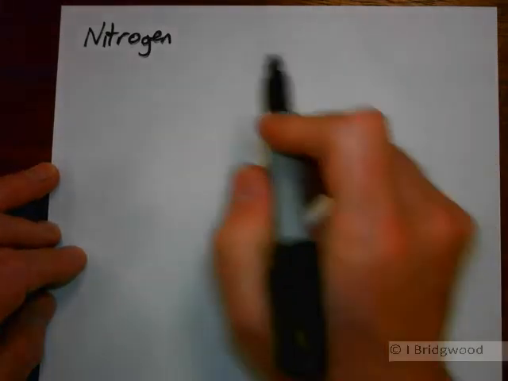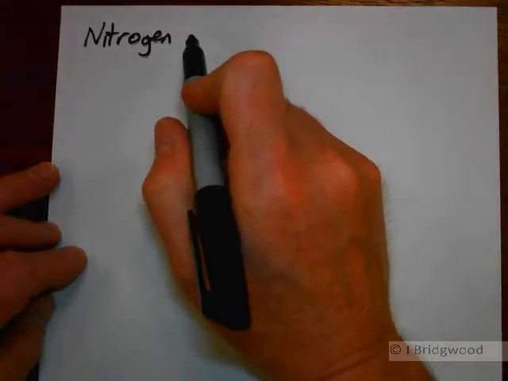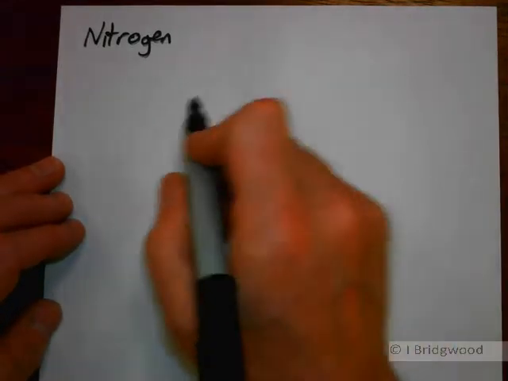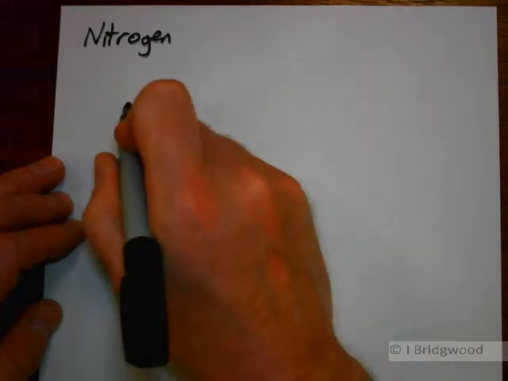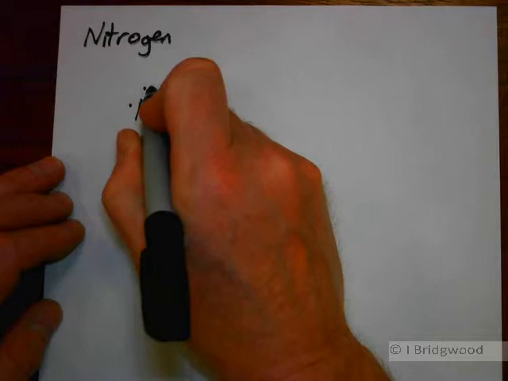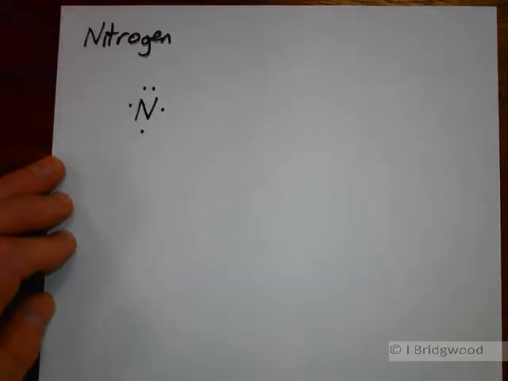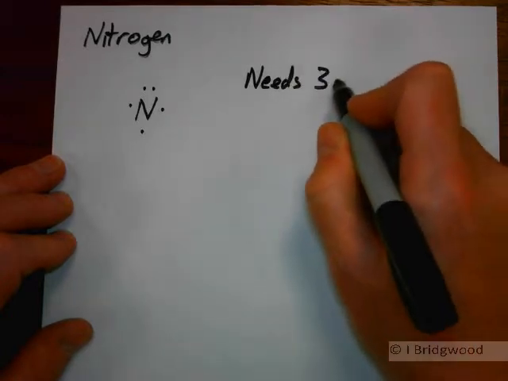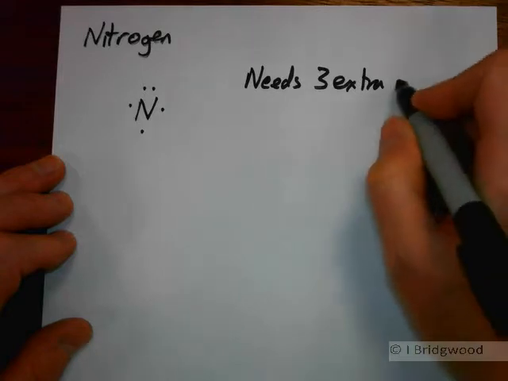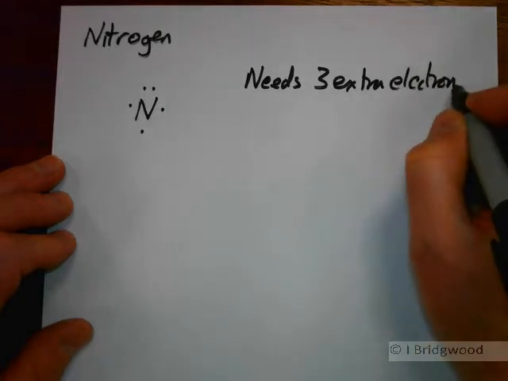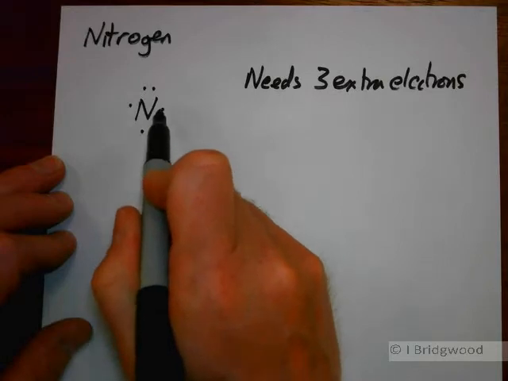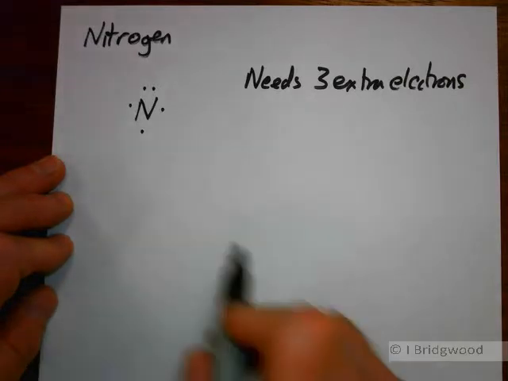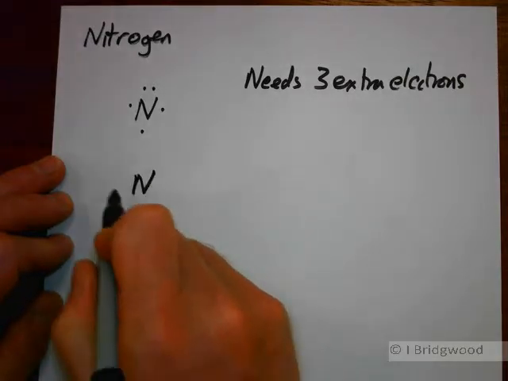So nitrogen, which is in group 5 or group 15 depending upon where you are, has 5 electrons in its outermost shell. So here's nitrogen, 1, 2, 3, 4, and I'll pair that one up, 5. It needs an extra 3 electrons to get to noble gas electron configuration, and by sharing 3 of its electrons in forming covalent bonds, it can complete its octet, and we can have a number of combinations again.